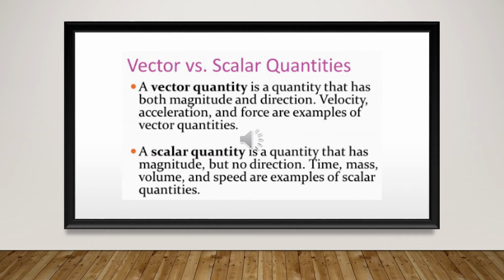whereas for the description of the vector quantities we require the magnitude and the direction both. It means that if we are talking about the force, if I am saying that I am providing the force of 5 newtons, you are just going to ask me where, in which direction.